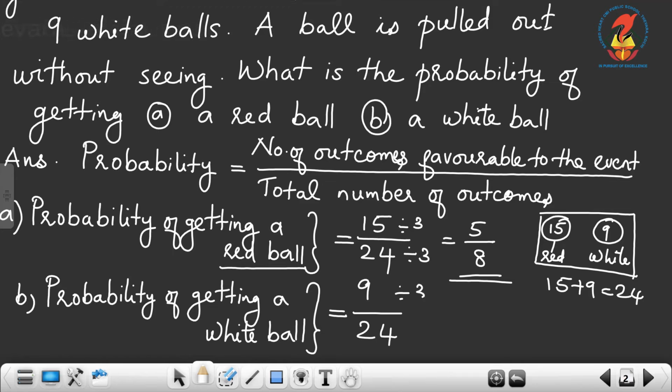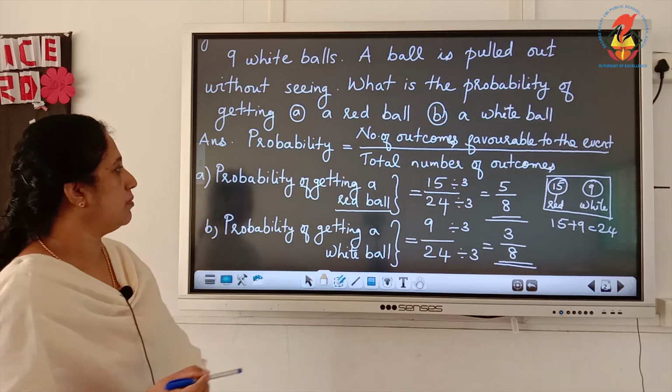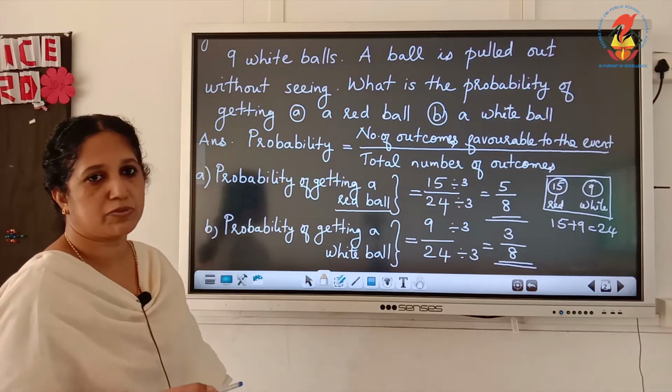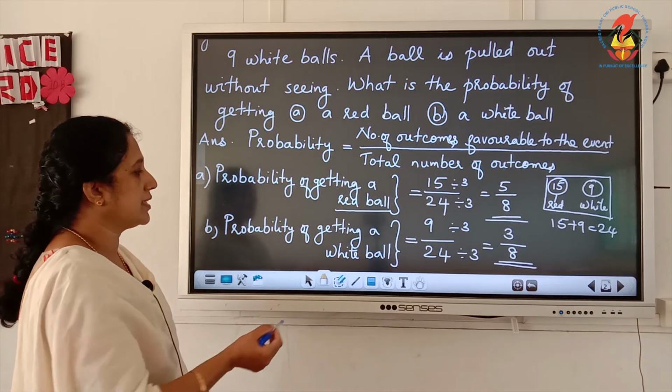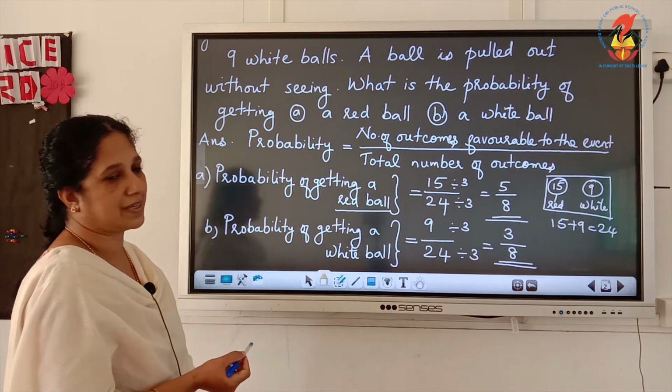Now we can reduce to the lowest form, divided by 3, which is equal to 3 by 8. So the probability of getting a red ball is equal to 5 by 8 and the probability of getting a white ball is equal to 3 by 8.